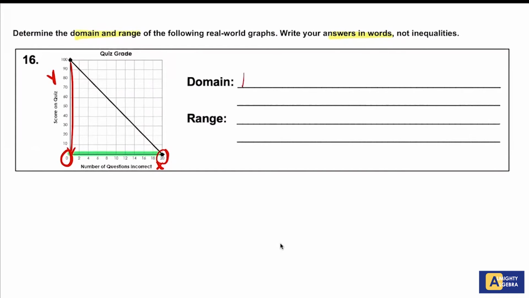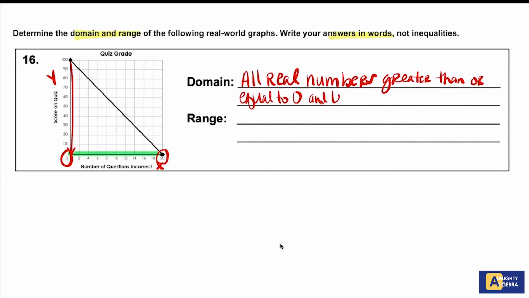Domain: all real numbers greater than or equal to 0 and less than or equal to 20.